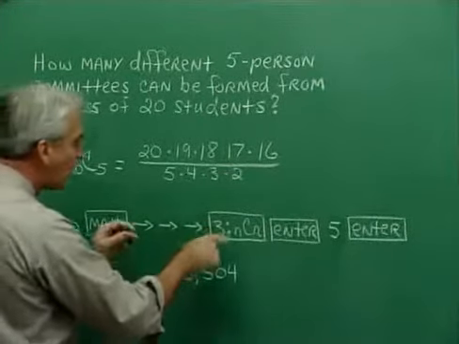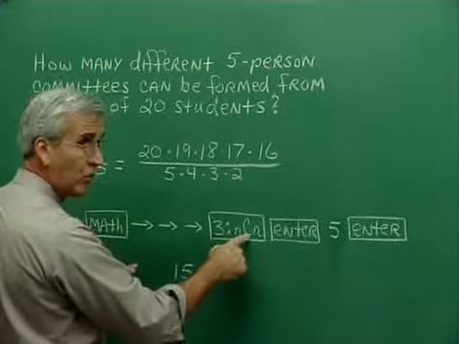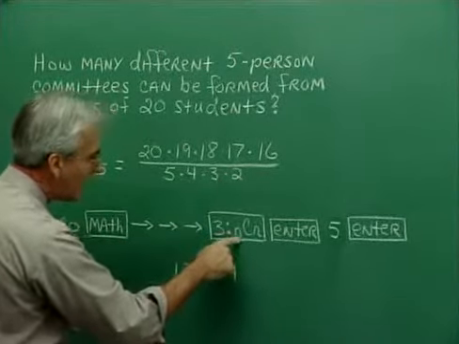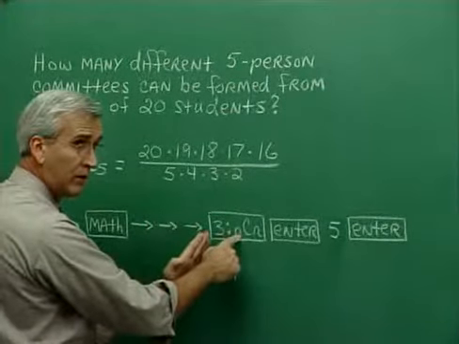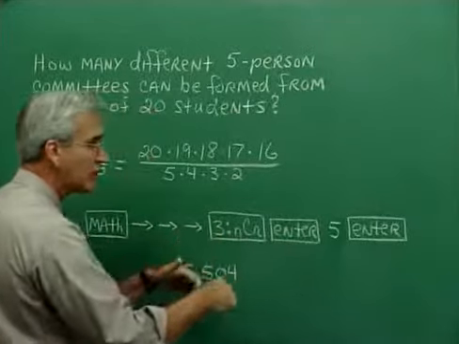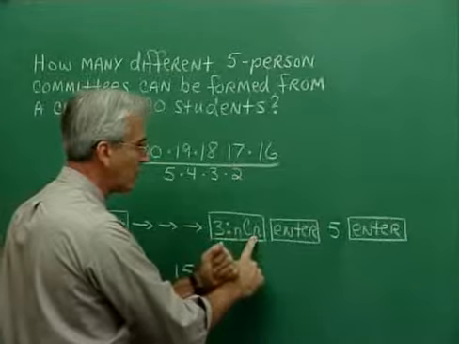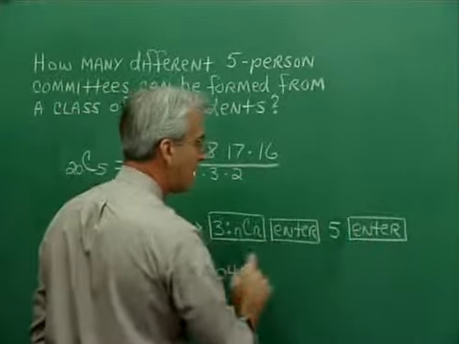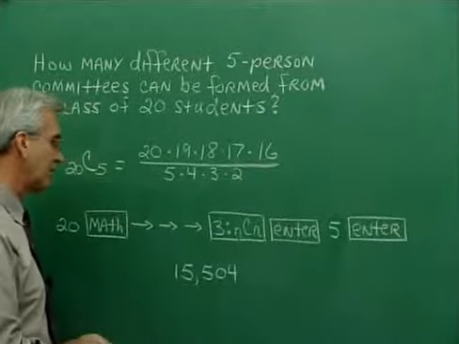Then you go down to item number 3, which is the combination formula. Now, we've already entered the n value. You enter the n part of the formula first, and then you press enter, and now it's a request for the second part, the r part of our combination formula. So we enter a 5 and then enter again, and it makes the calculation for us as 15,504.